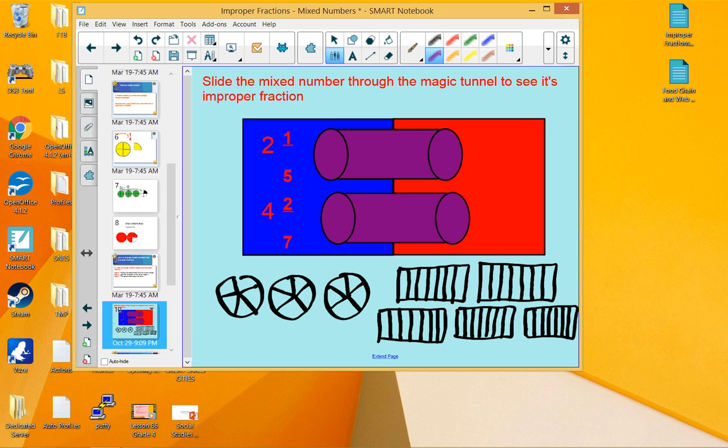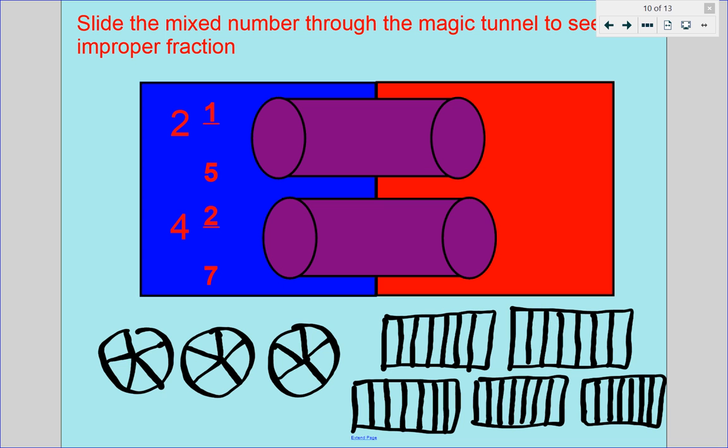That'll be good. All right, so now I want to color in 2 full ones like it says. And then 1 more piece. Okay. And over here, I want to color in completely 4 of them.